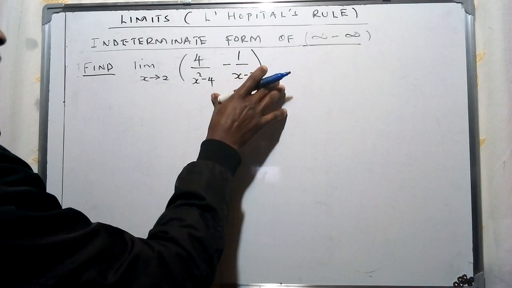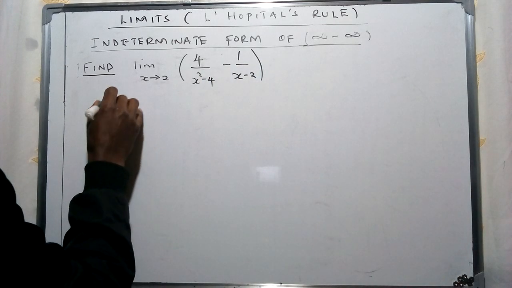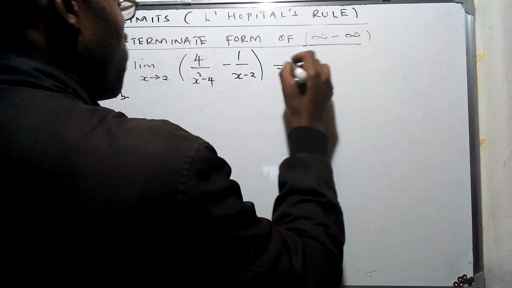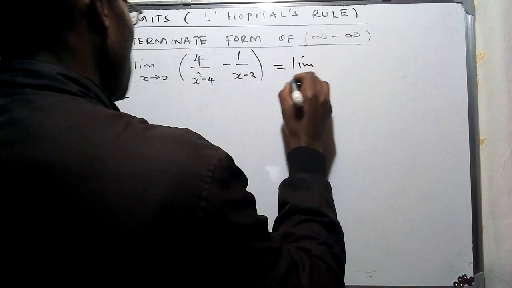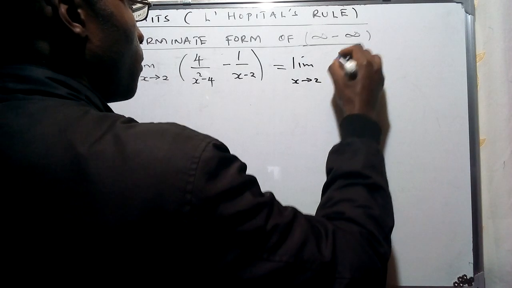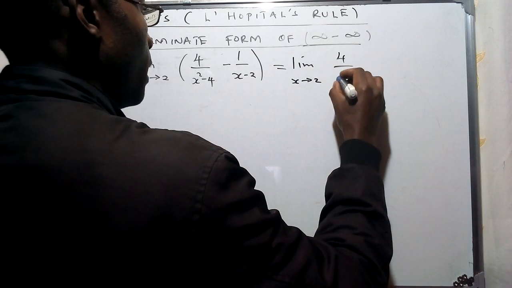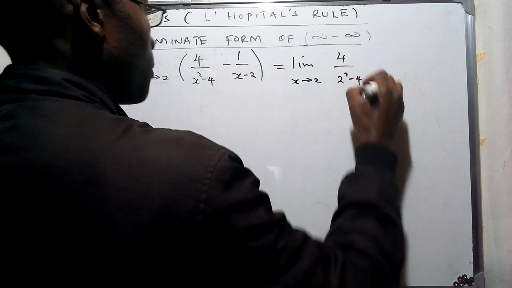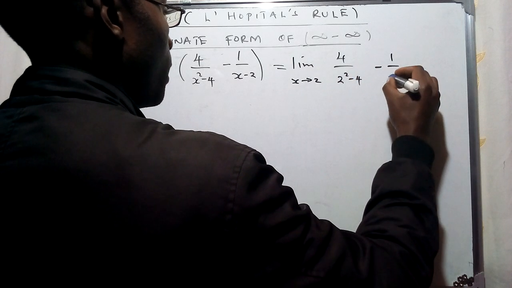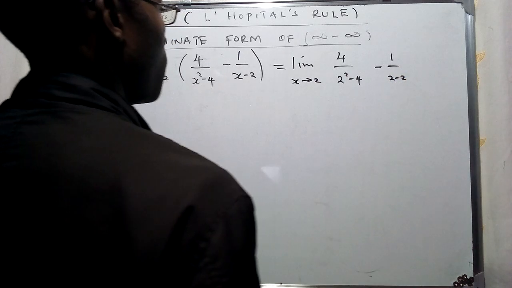If we try to evaluate the limit of this function using the substitution method from our last discussion, we have the limit as x tends to 2 of 4 divided by x squared minus 4, minus 1 over x minus 2.